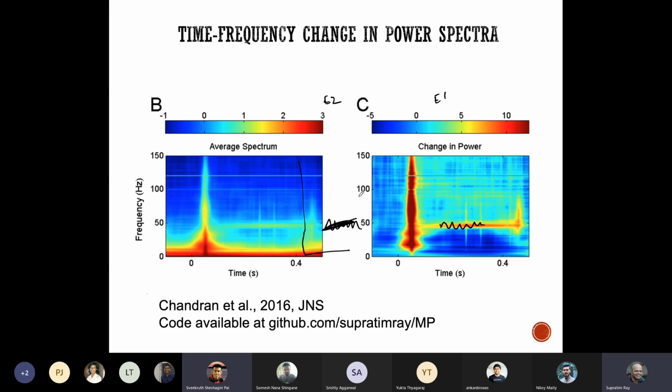Can't you just add up all of the waveforms? If they're not in sync, then they're going to cancel each other out because of the sinusoidal nature. So add what? Adding the different LFP waveforms together.